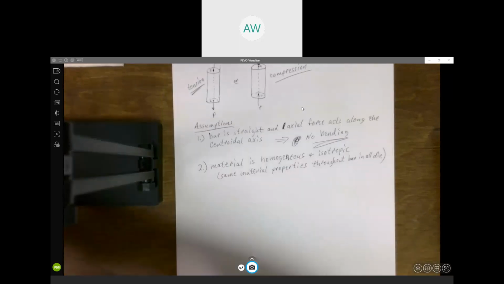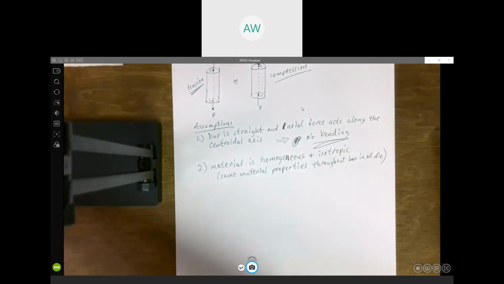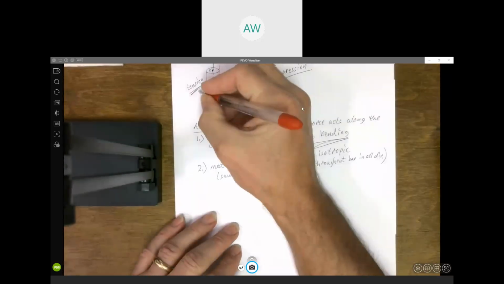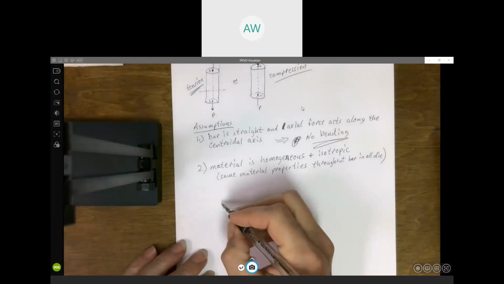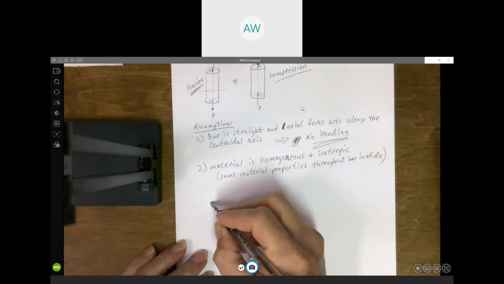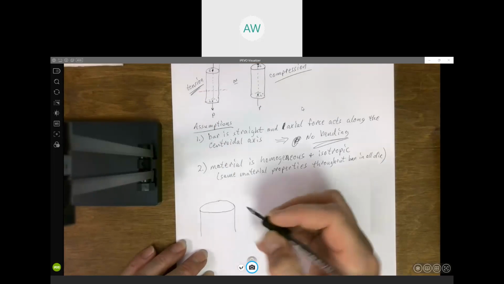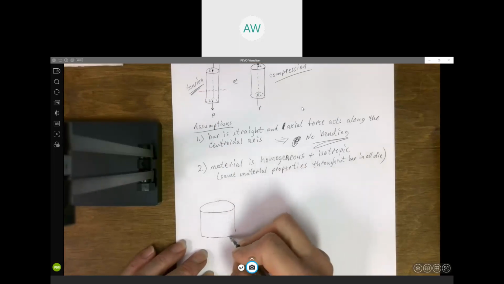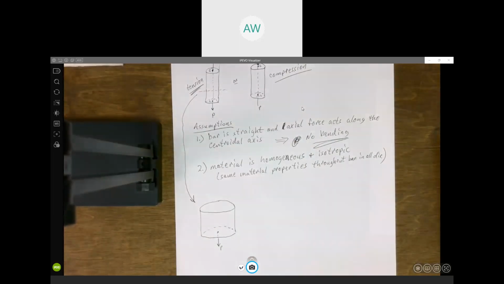Now, if we do what we did yesterday and cut this member somewhere, my artistic ability is not great, but let's assume this is where we cut it. So we're taking that cross section where we cut it.